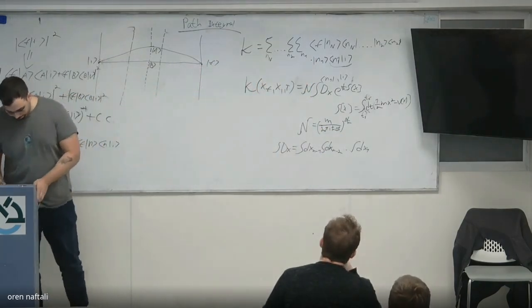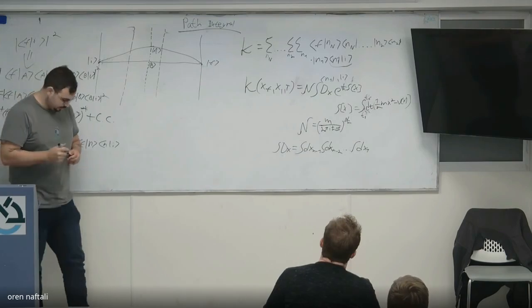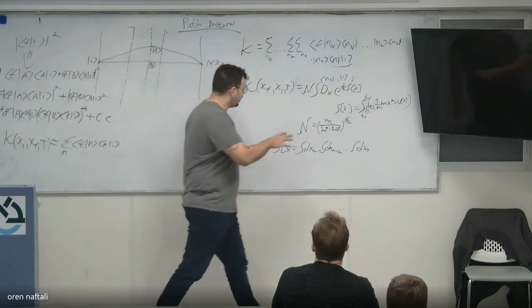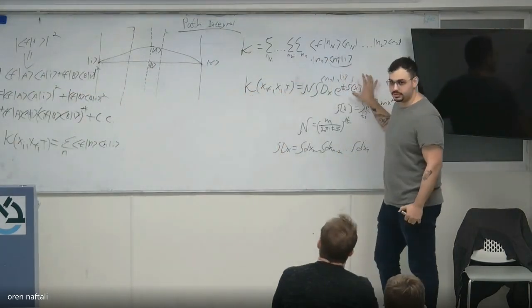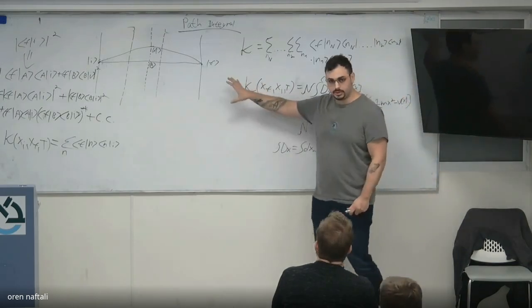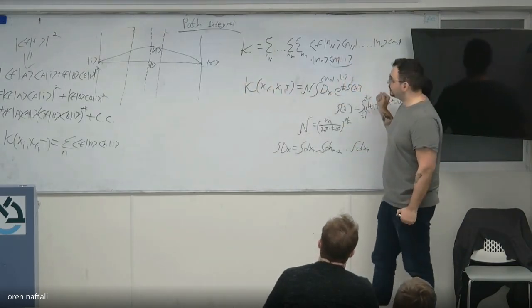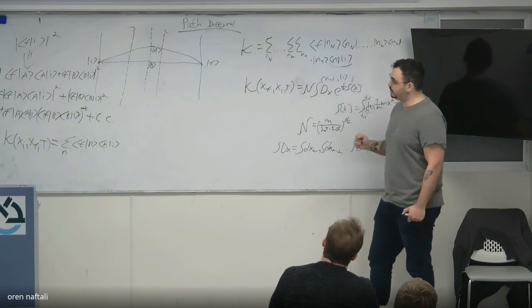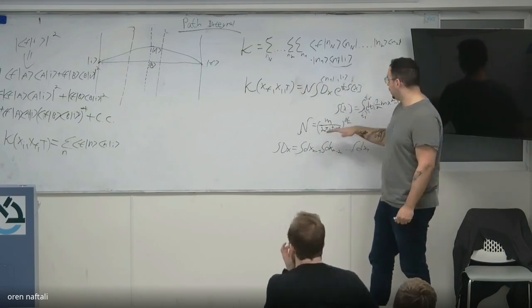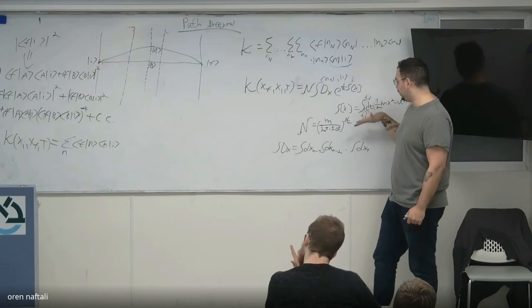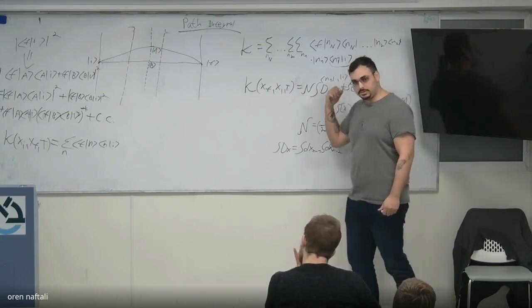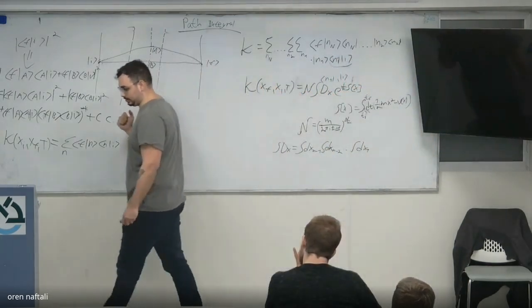Now, basically what I'm saying here is that the weight of each of these trajectories will be determined by the action, and we consider every possible trajectory, regardless if it involves the minimal action principle that you learn in classical mechanics.